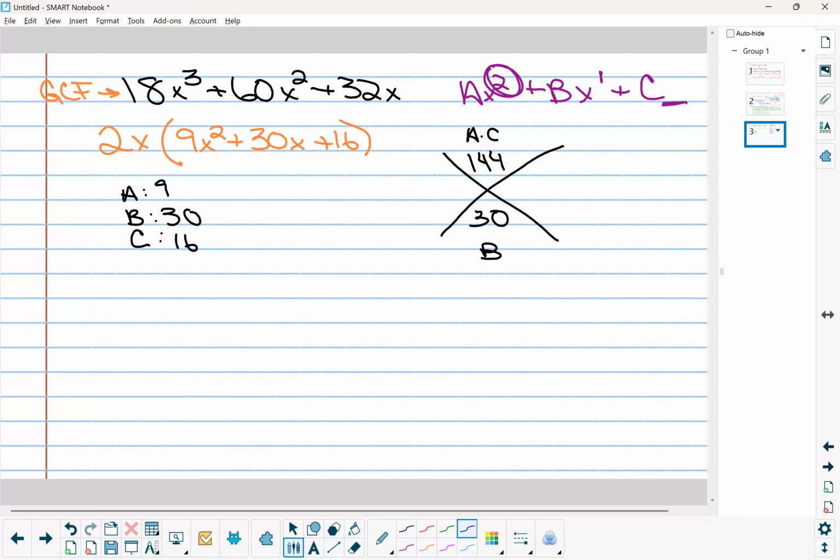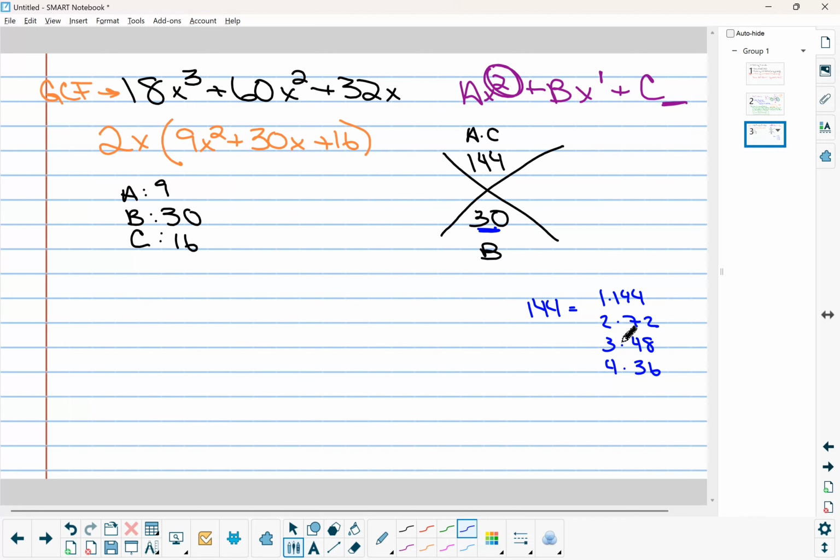Okay, so if I look for factors of 144, I'm going to go 1 times 144, and I need these to add to 30. Okay, so 2 times 72, 3 goes in there 48 times, 4 goes in there 36 times.